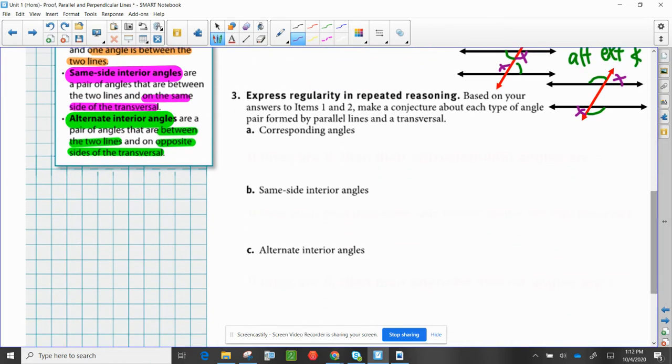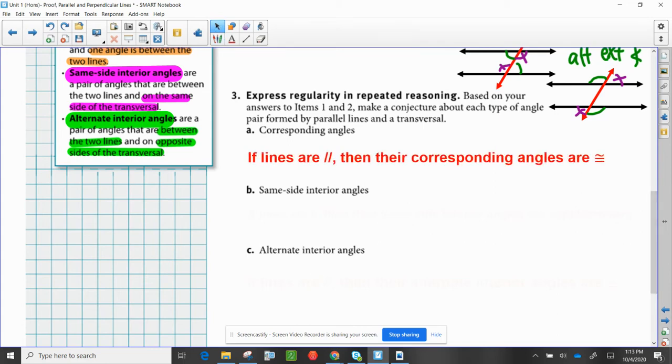So there are three properties here that we know about these angles. When you have two angles that are corresponding, if you have parallel lines cut by a transversal, then those corresponding angles are going to be congruent. They're going to be the same measure.